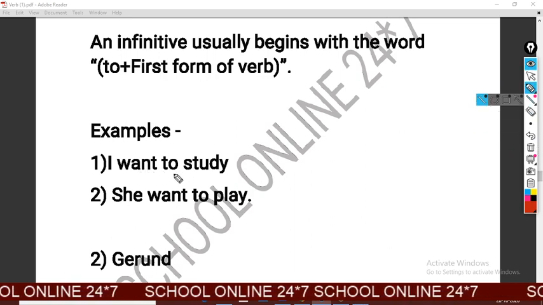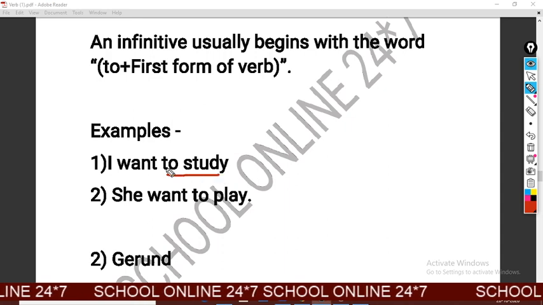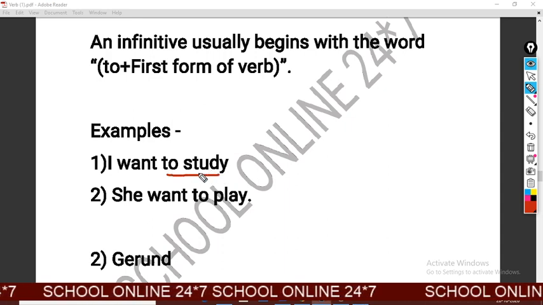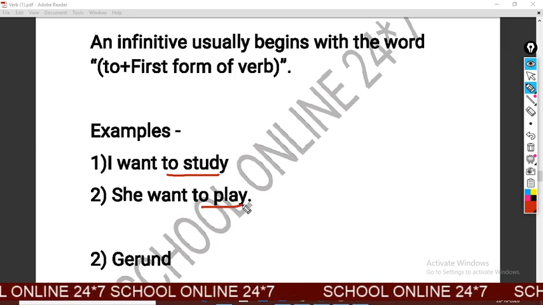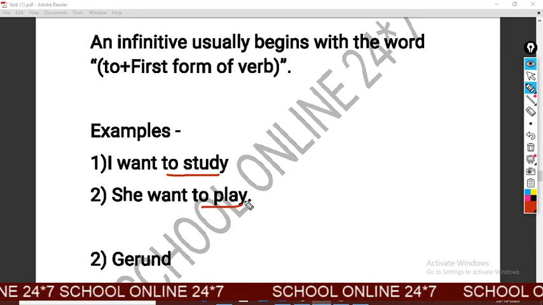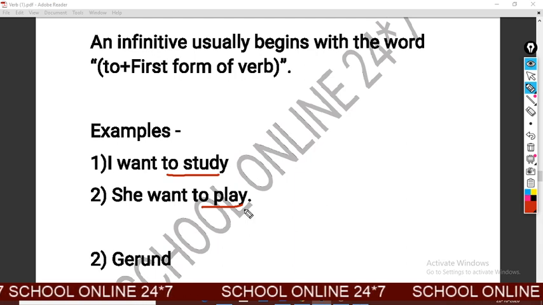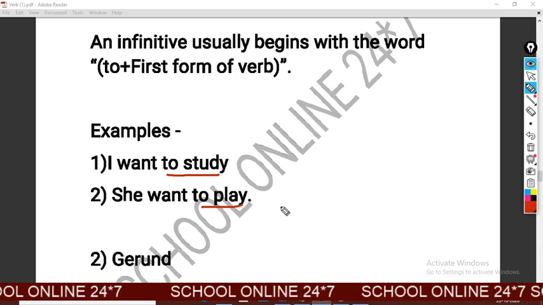I want to study. There you look, to plus first form of study. So it is the use of infinitive. She wants to play. It is also use of infinitive, to plus first form of play. So it is the use of infinitive.